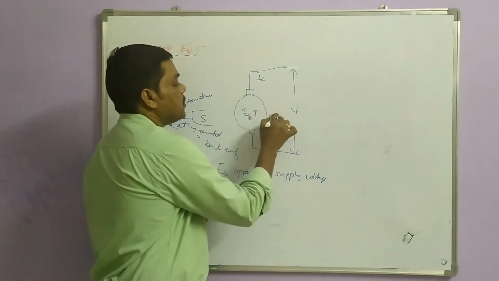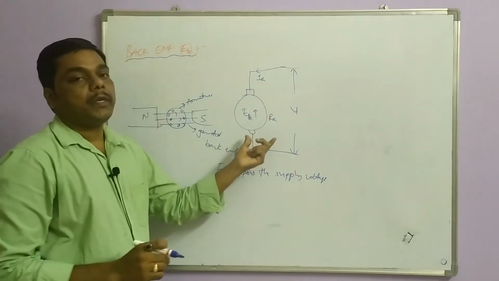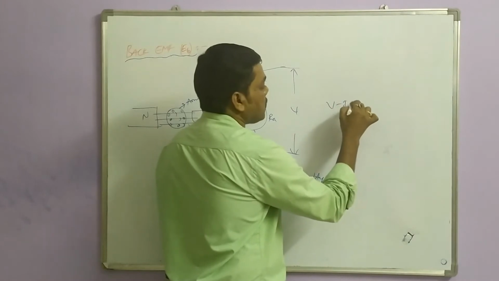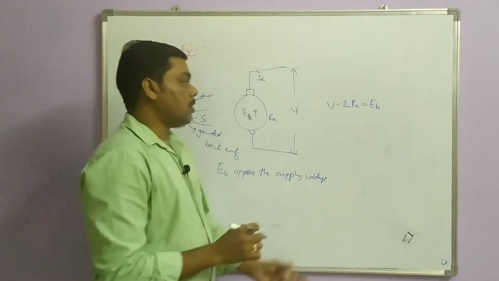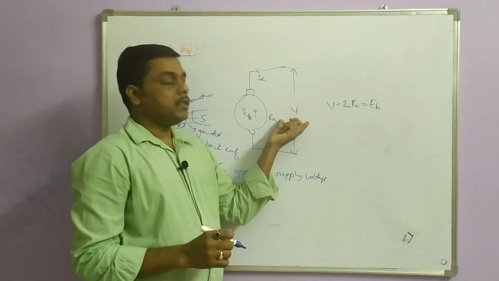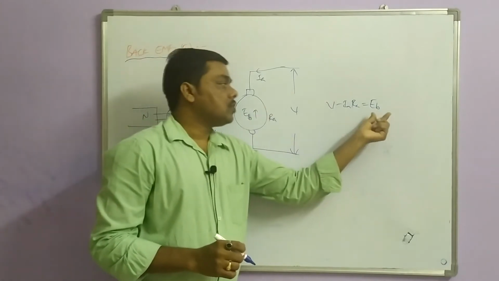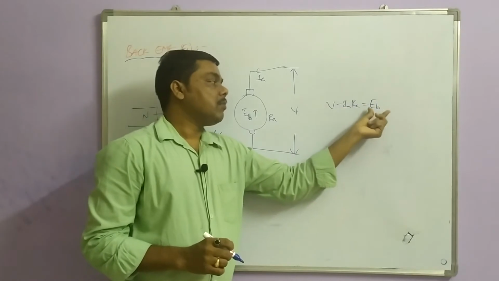We know that if you take this simple figure, the armature has some resistance and current is flowing through this armature. Now you can write V minus IaRa is equal to Eb. Here V is the supply voltage and IaRa is the drop in the armature, so the remainder will be Eb.